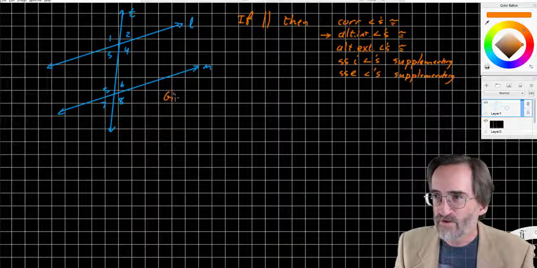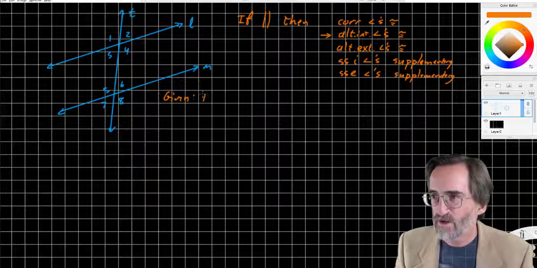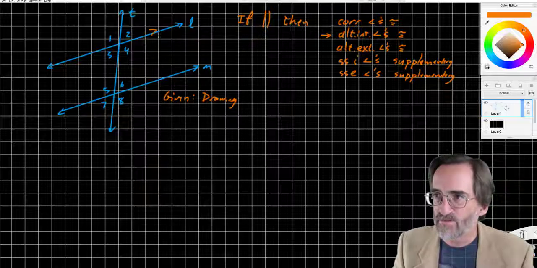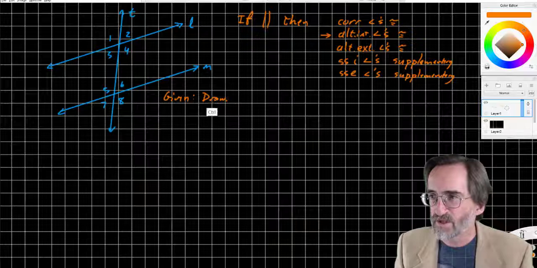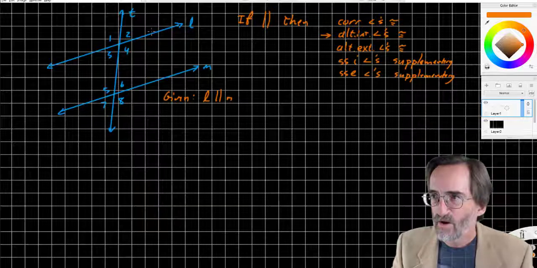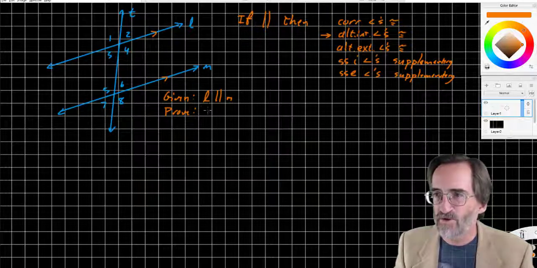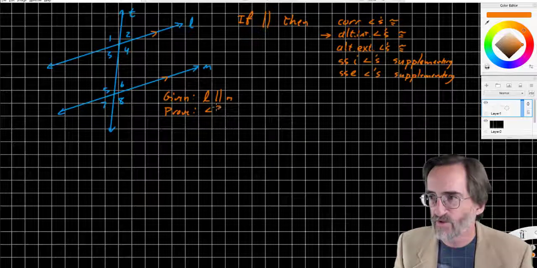So given the drawing such that L is parallel to M, actually let's state it that way. Given L is parallel to M, prove, let's do a pair of alternate interior angles, angle 3 congruent to angle 6.